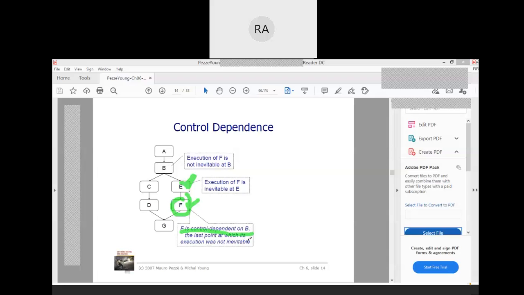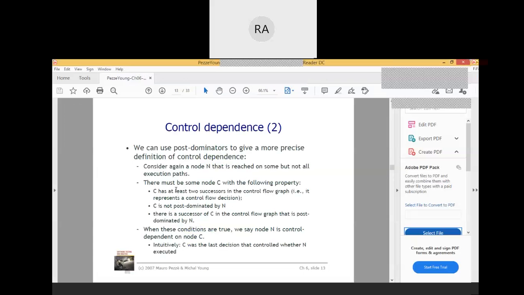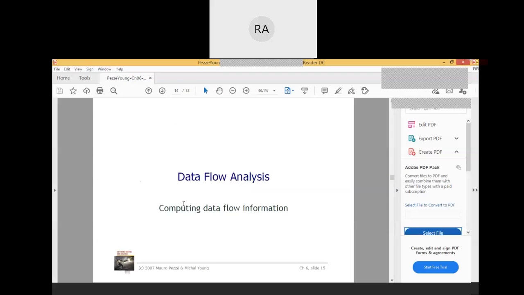The last point at which its execution was inevitable. As per the previous definition, they are explaining this particular point. If you see this point, there must be a node C with the following property. If I consider B, at least two successors are there.